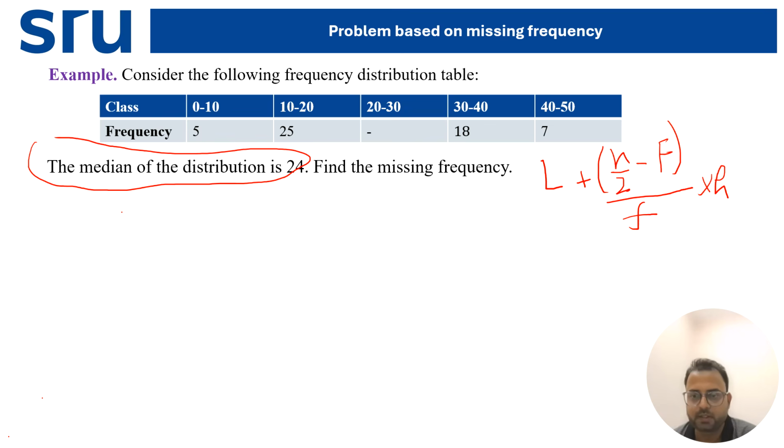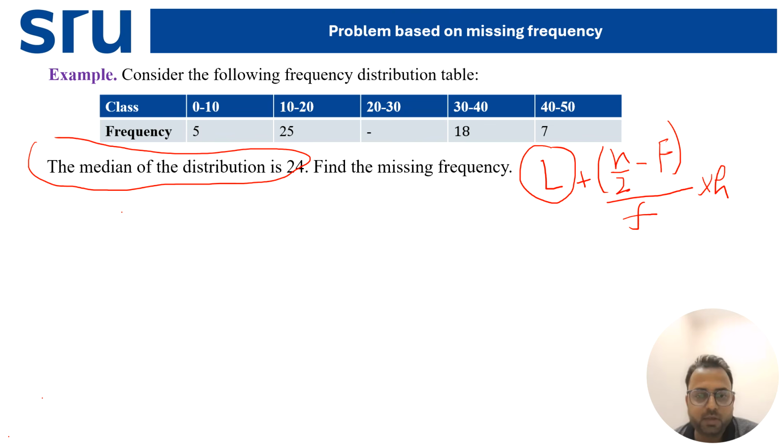So what is capital F? Capital F is the cumulative frequency before the median class, small f is the frequency of the median class, h is the width of the class interval, and L is the lower boundary of the median class. So first we find the median class.